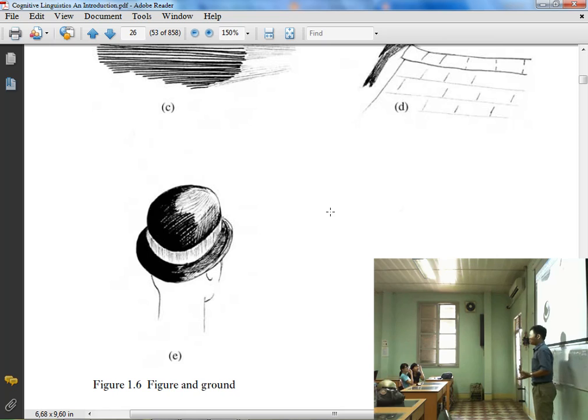Now your intuition or your hunch says that this is not the right thing to say for this picture. You should not say a hat is on the head of a woman, even though in this picture this is very outstanding. Why? You see, this is very similar to picture D, and yet you don't say the hat is on the head of the woman. Why? Because of your experience.